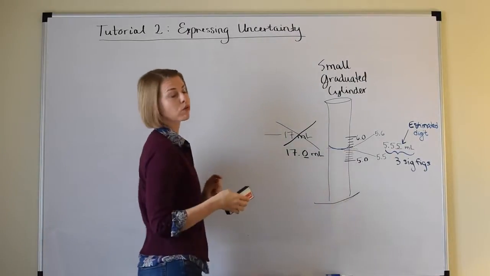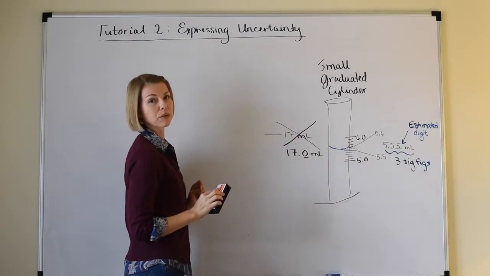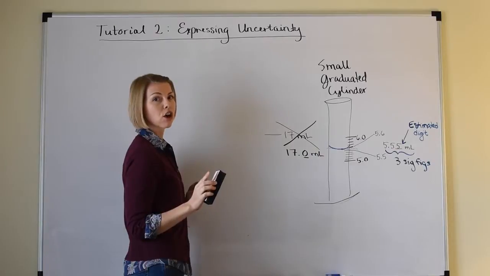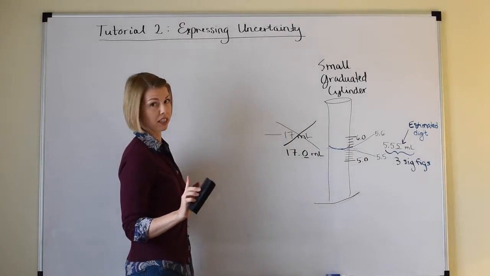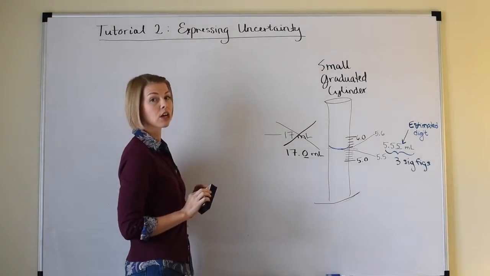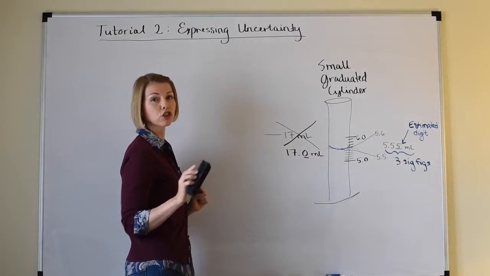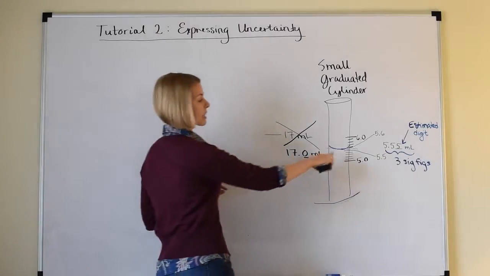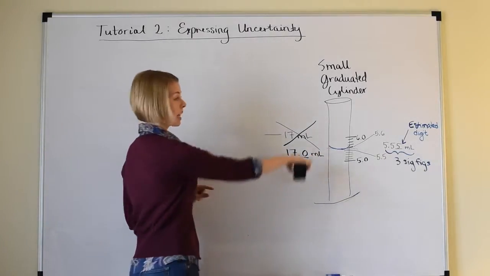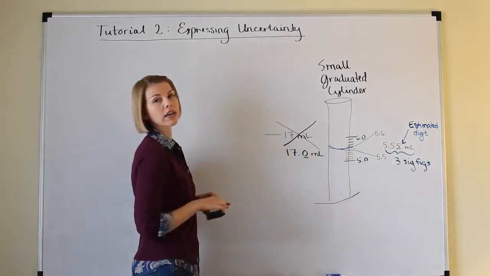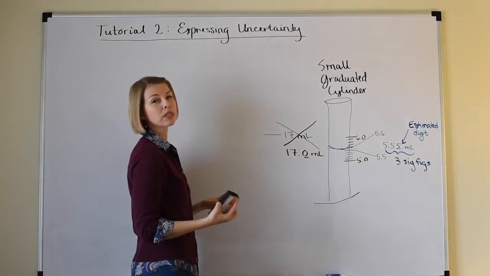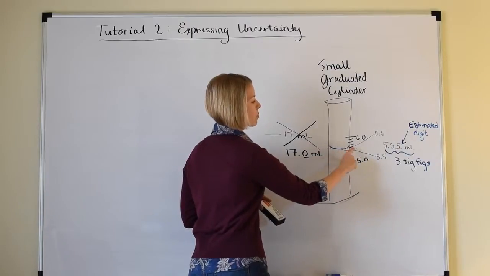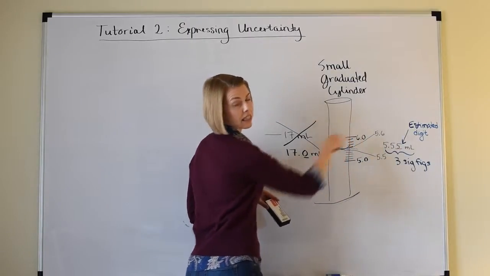One more quick note before I erase that small graduated cylinder. Some small graduated cylinders might have increments for every 2/10 instead of every 1/10. So be careful about that. Check your small graduated cylinder and make sure that you know whether it has increments for every 1/10, like what I've drawn here, or if its increments are measured off in every 2/10, which means it would only have 5.0, 5.2, 5.4, 5.6, 5.8, and then 6.0.